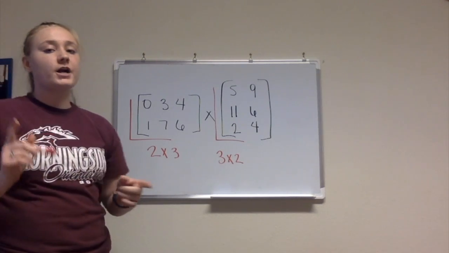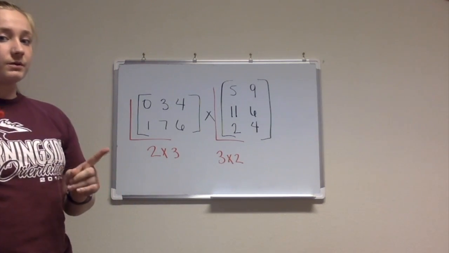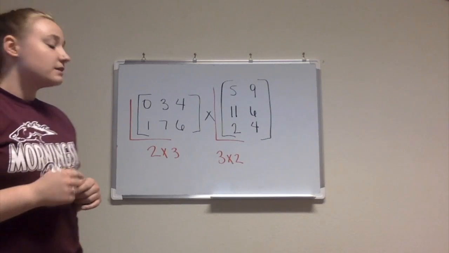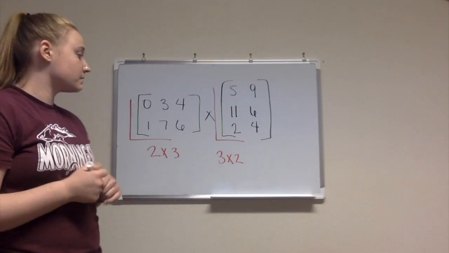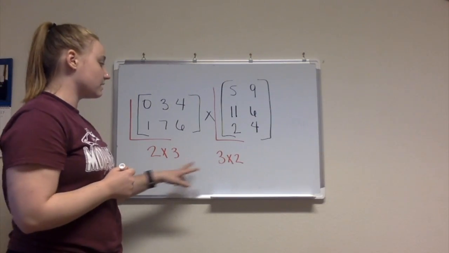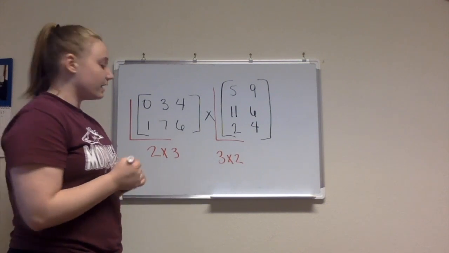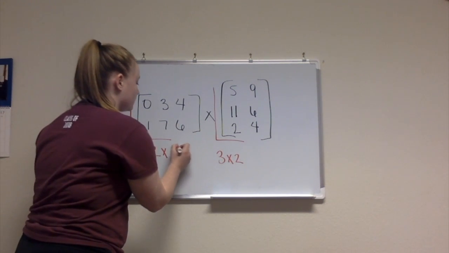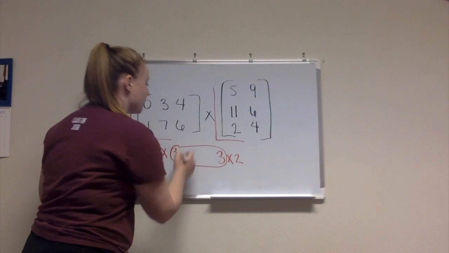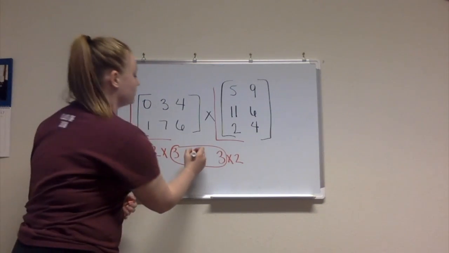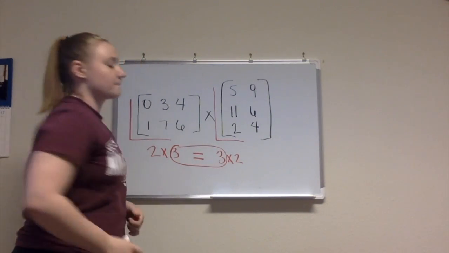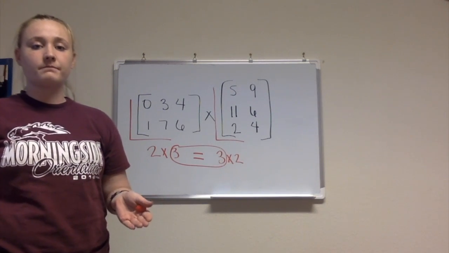Here's a trick that's very important, so let's look at this to see if we can multiply them. I wrote my two matrices next to each other. If these inside numbers are equal to one another, then you can multiply them.